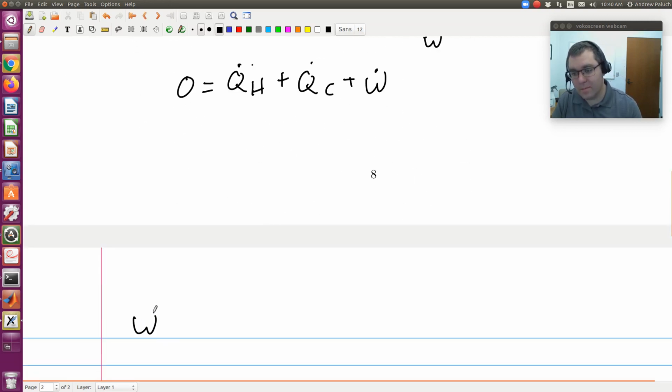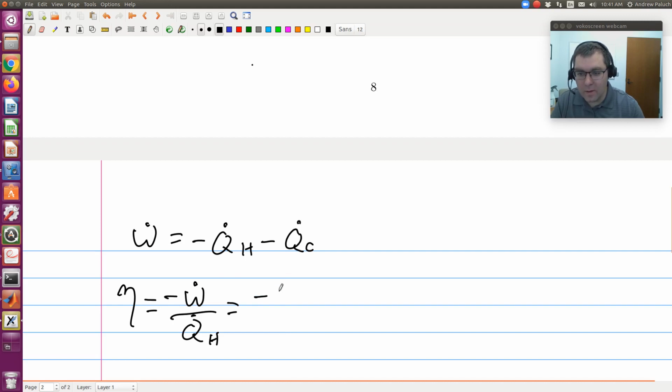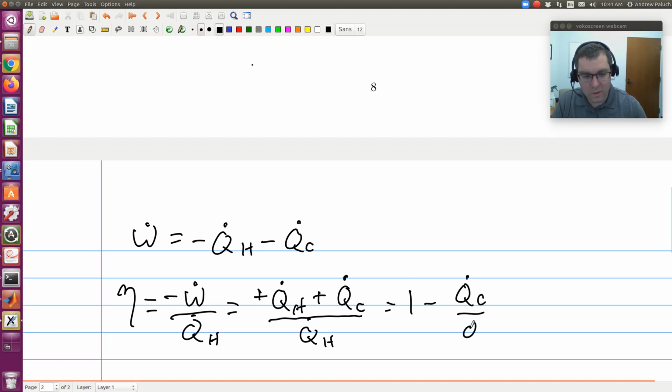So W dot will be equal to negative Q dot H minus Q dot C. Then in my efficiency, where I had negative W dot over Q dot H, that'll be equal to negative of a negative quantity, so this will be plus, Q dot H plus Q dot C divided by Q dot H, and so that'll be 1 minus Q dot C over Q dot H. And this is kind of cool: this is the amount of heat rejected over the amount of heat absorbed by our system. Nice.